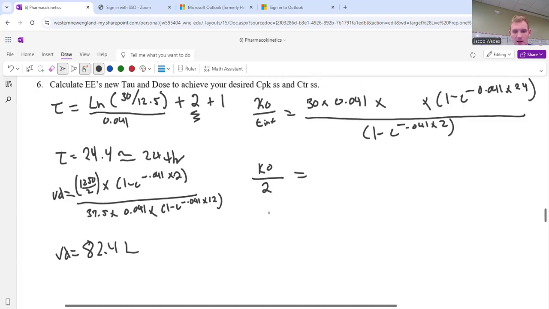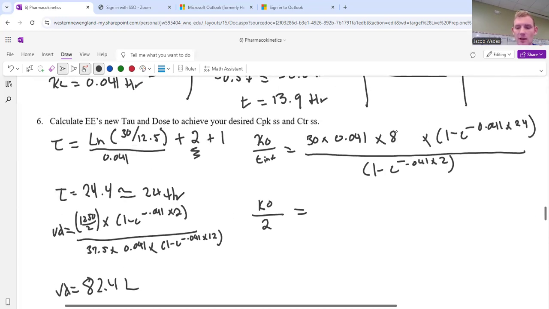So we go back here and plug in 82.4. Now we can calculate that. What did you get for the right side?